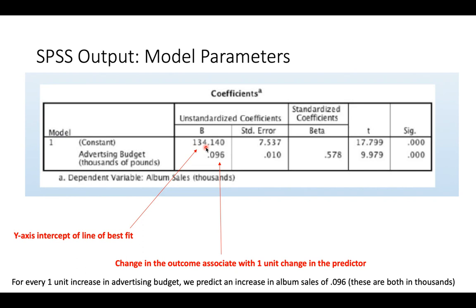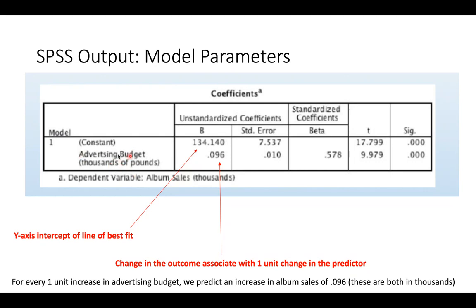Might not be realistic, but again, the line is not perfect, right? So this is our y-intercept, 134.14. And this 0.096 is the slope of our regression line, or in other words, the change in outcome with 1 unit change of our predictor.